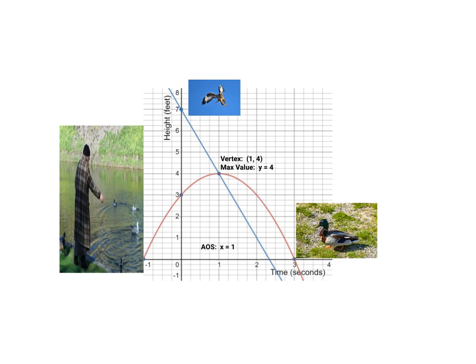Well, the closest point for that hawk to get that snack is going to be right here at that maximum value. So those are the 2 points that were chosen to create this line. This hawk also will land down here somewhere between 2 and 3 seconds as far as when we're talking about the x values. So there are the key features for the parabola and the line.